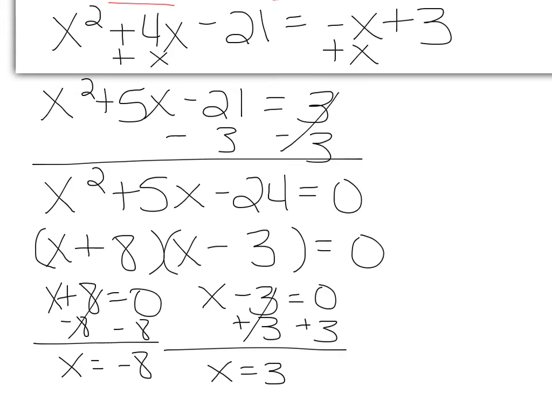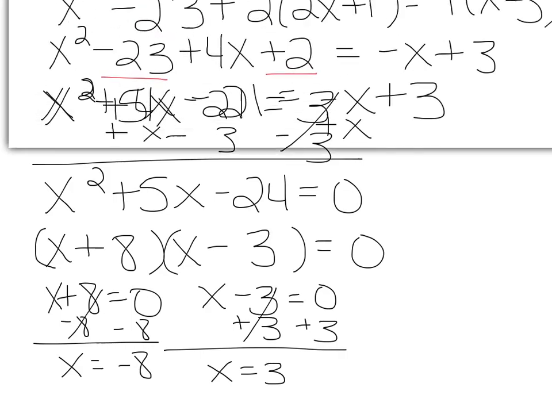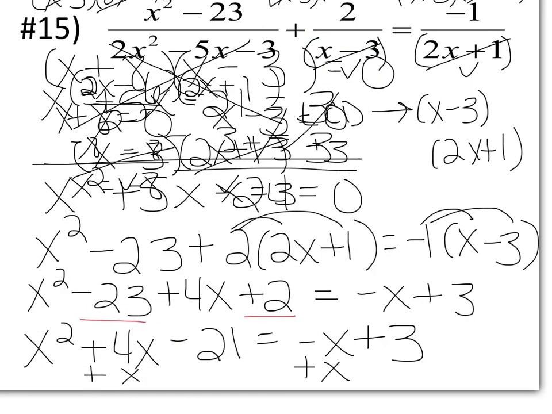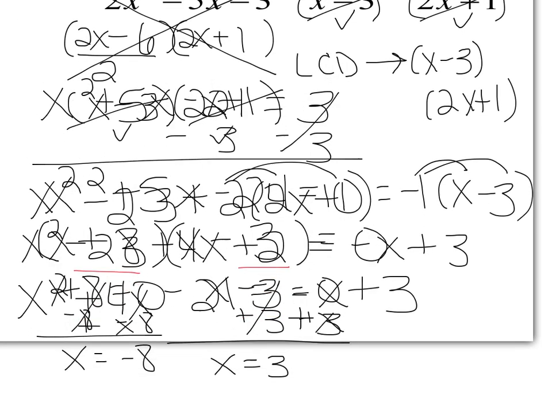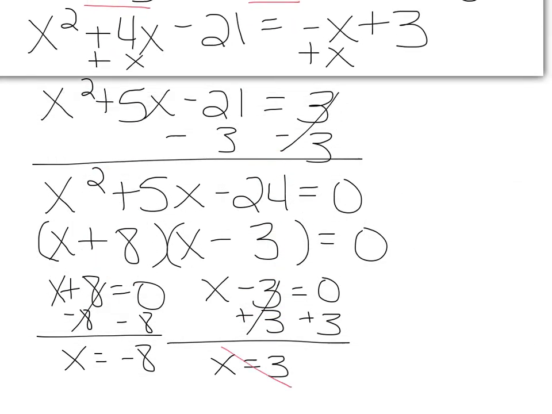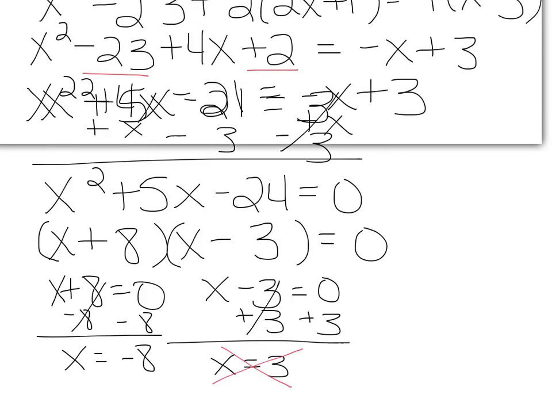So let's go back up to the top and see if 3 and negative 8 are good answers. We know 3 won't work because 3 is going to give me a 0 in the denominator.